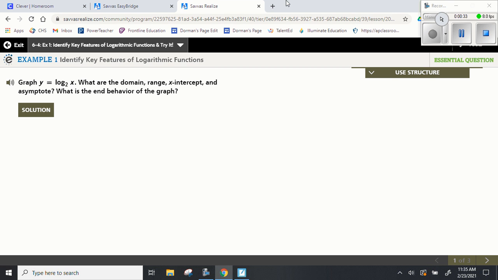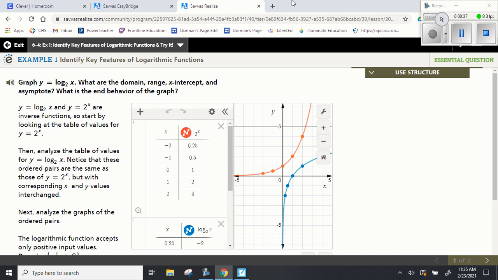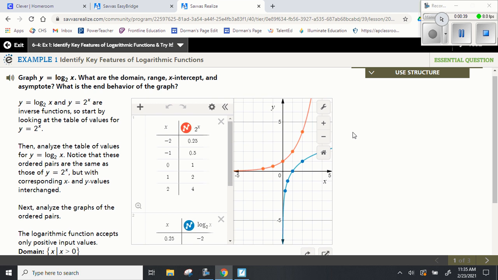And Salas actually has this really nicely graphed, right? This blue one is log base 2 of x. And we're not only just answering the question, but also looking at the relationship between log base 2 of x and its inverse, y equals 2 to the x power.